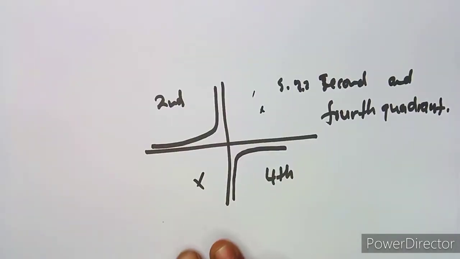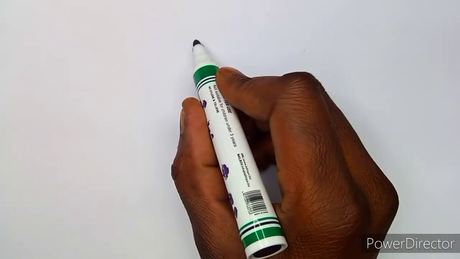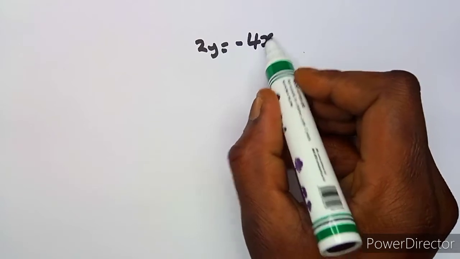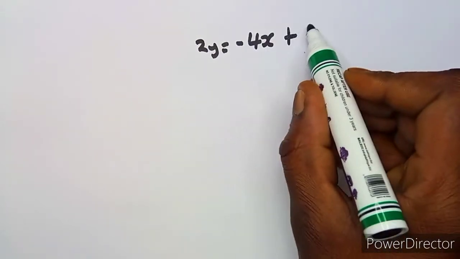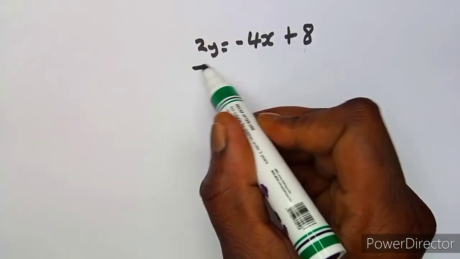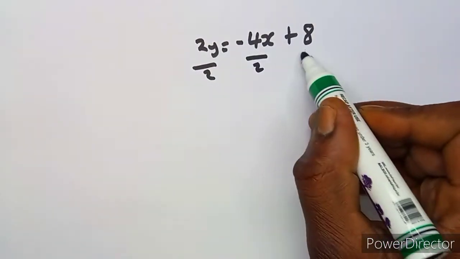All right, so let's start by working on the equation itself before we have the table here. 2y is equal to -4x plus 8. So guys, we can actually divide by 2 throughout here. Divide by 2, divide by 2, divide by 2.